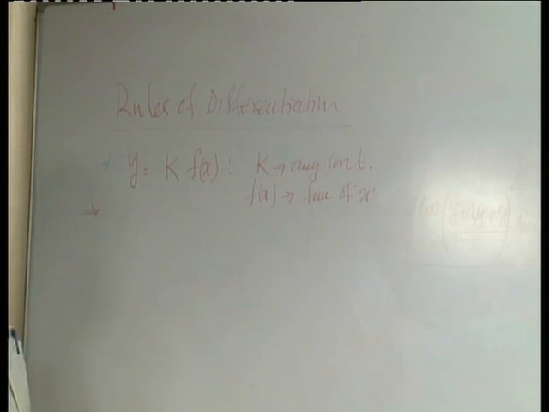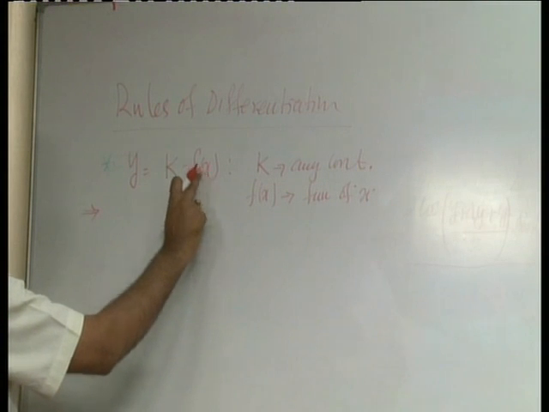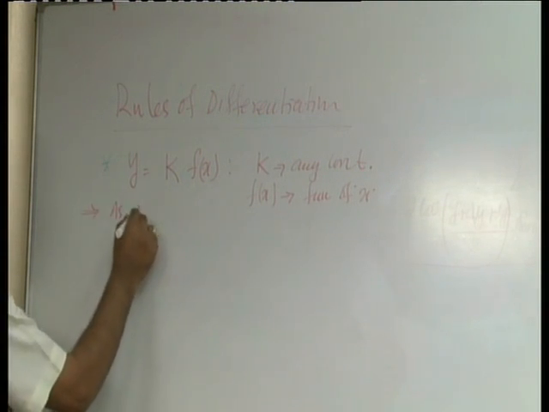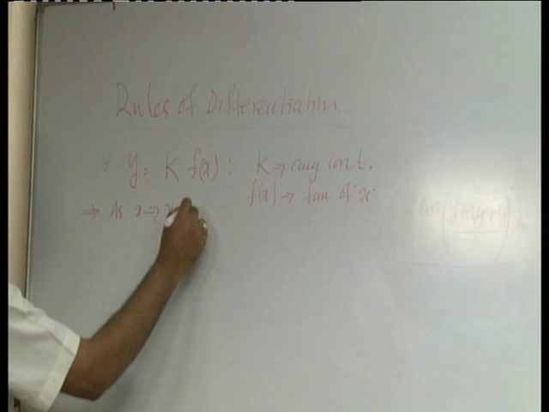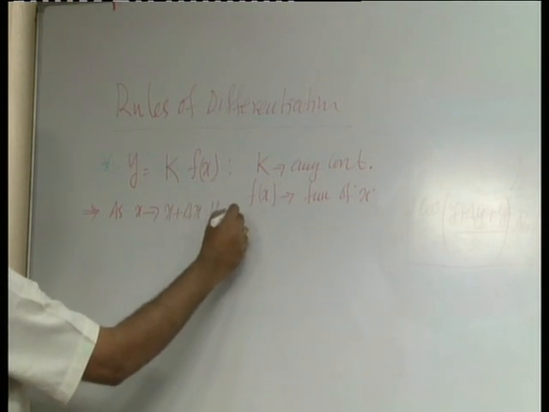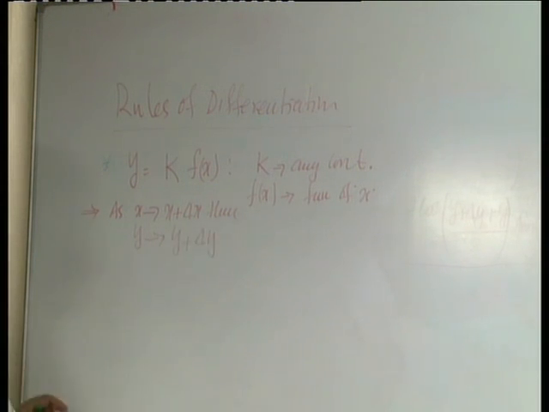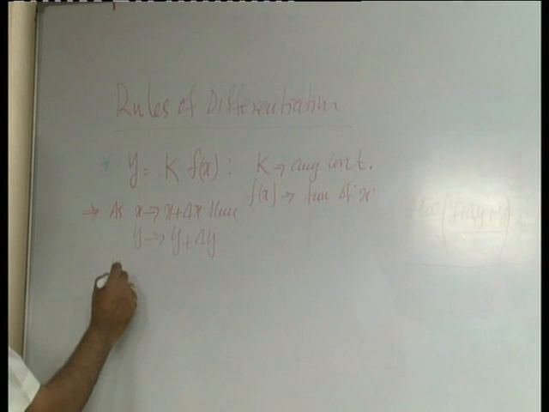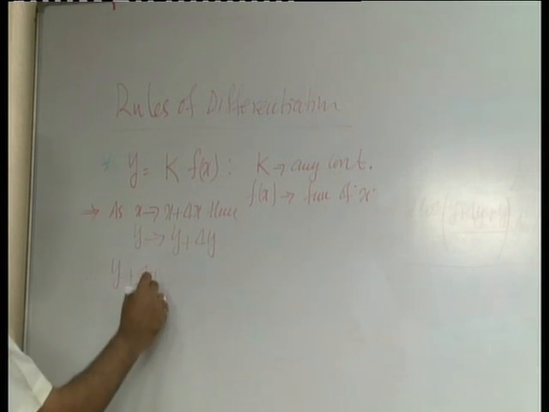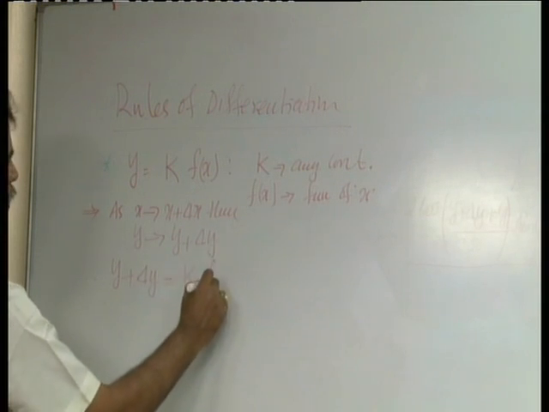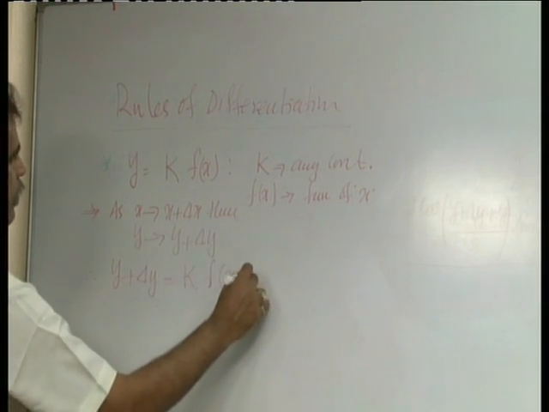What the first step in the first principle method says is, you change x into x plus delta x, then y also changes to y plus delta y. As x changes to x plus delta x, automatically y changes to y plus delta y. Therefore, the function becomes y plus delta y is equal to k into f of x plus delta x.